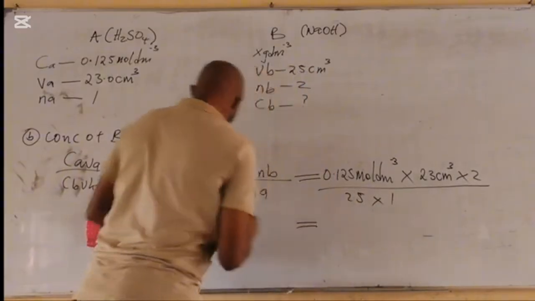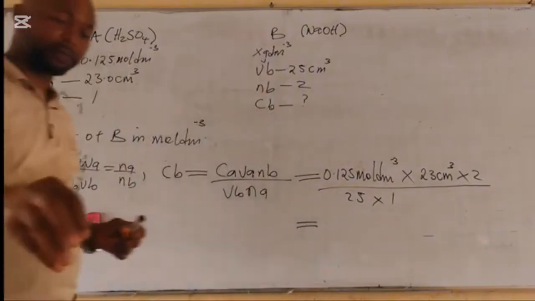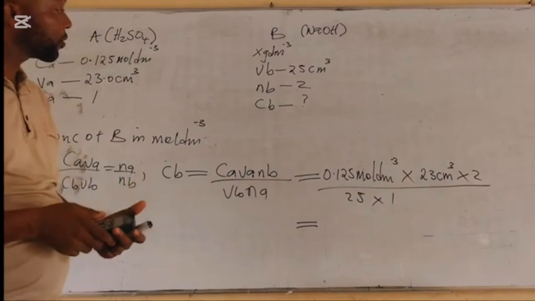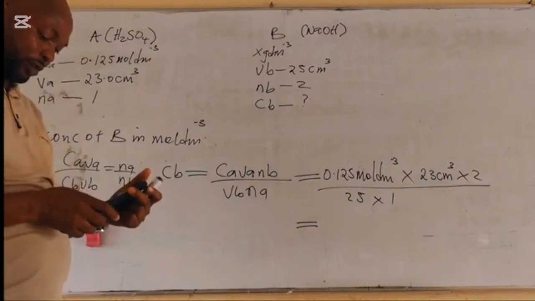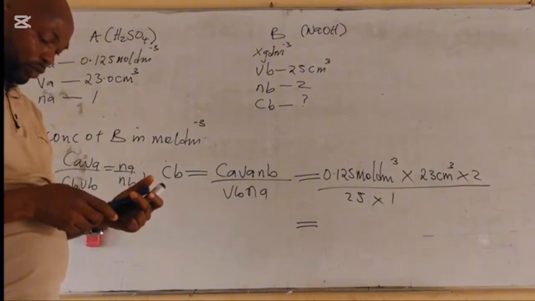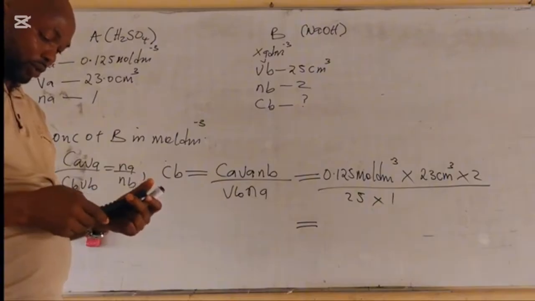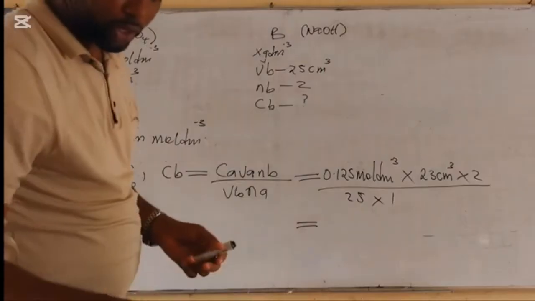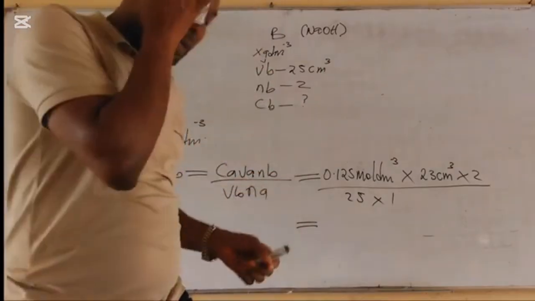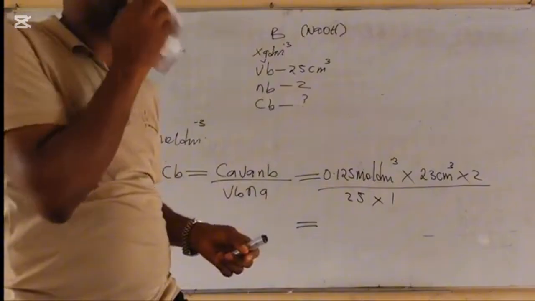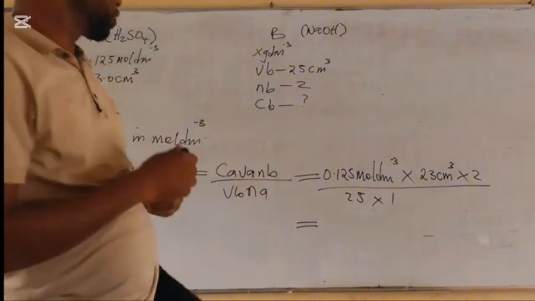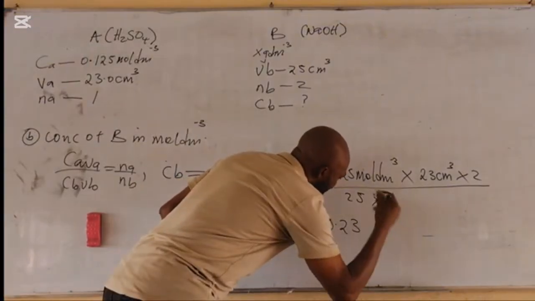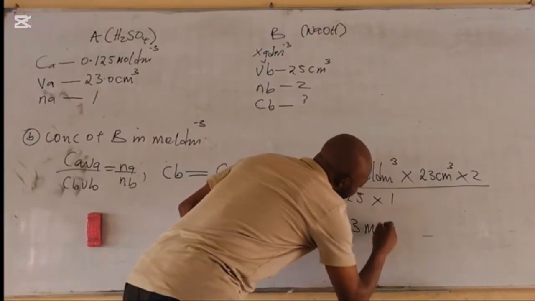And that is equals to 0.125 times 23 times 2 divided by 25, which is equals to 0.23. So our concentration of the base is 0.23 mole per dm cube.